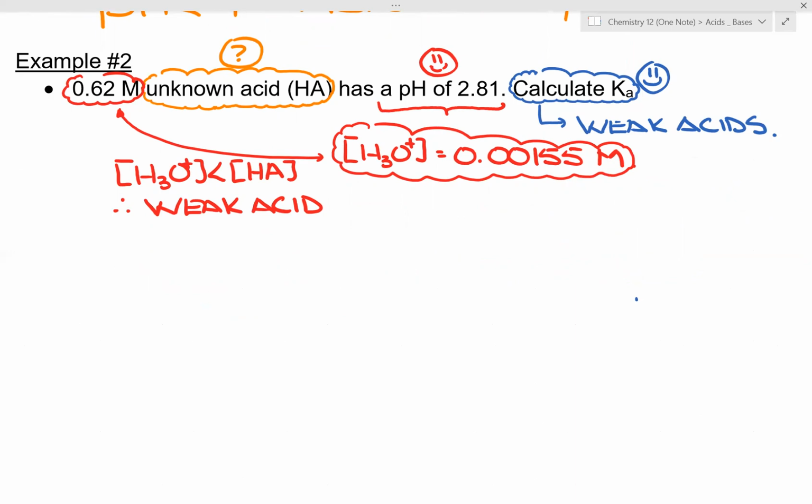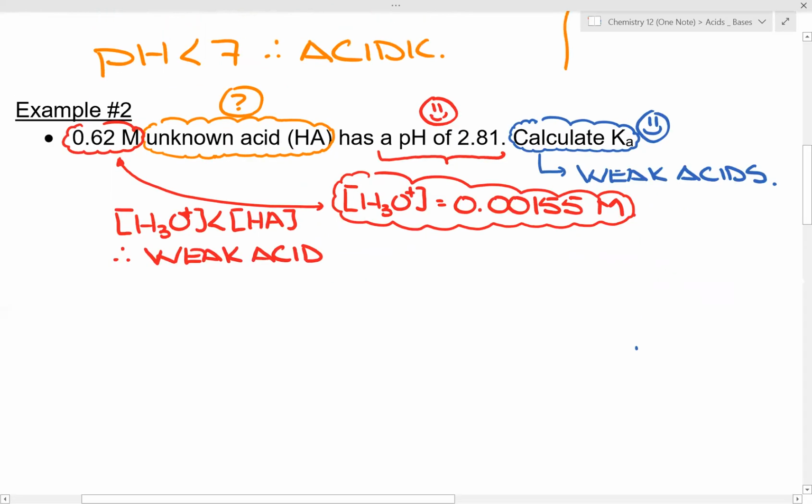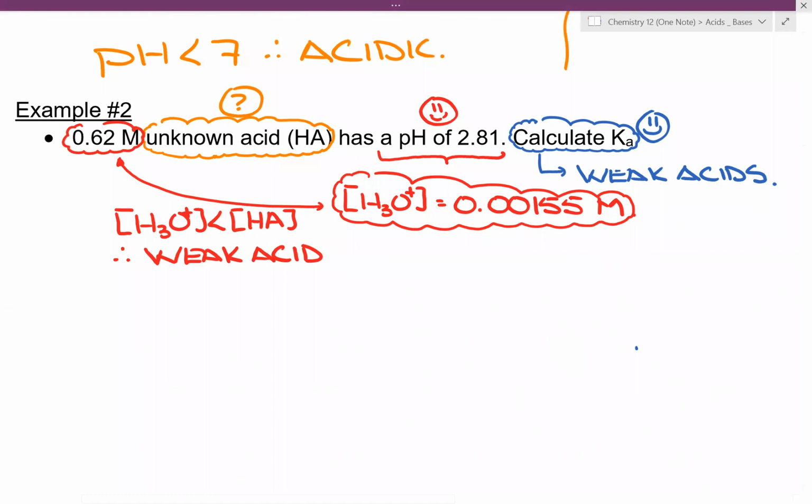Now, at this point in time, this is where I wanted you to be aware that you have to understand the difference between an acid and the H3O plus. Acid is the substance that does the donation. H3O plus is the result of that donation. So in this case, what would we do?